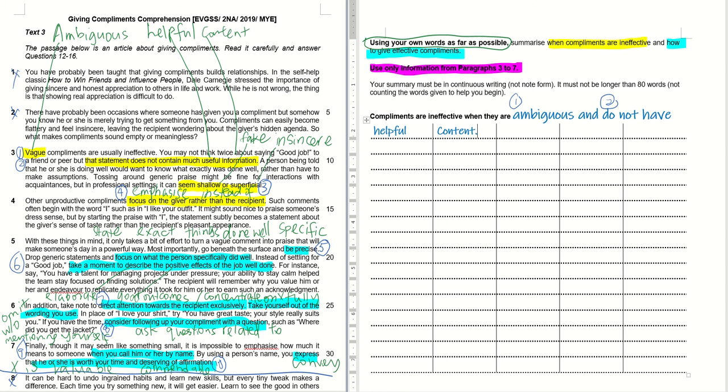So when they appear fake and insincere in professional settings.